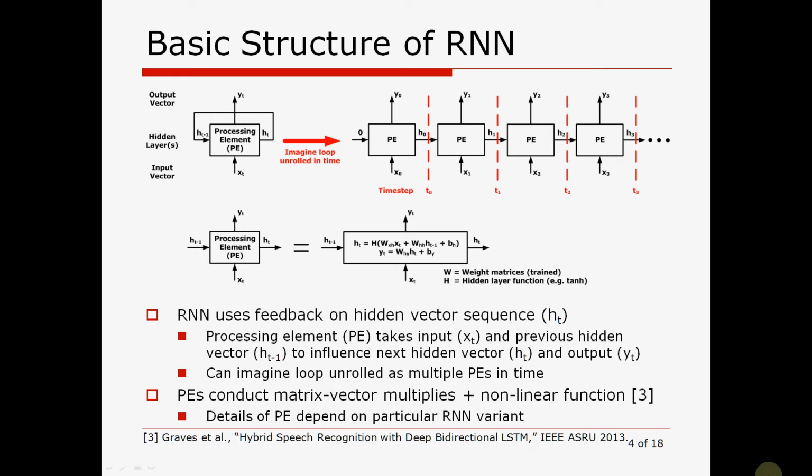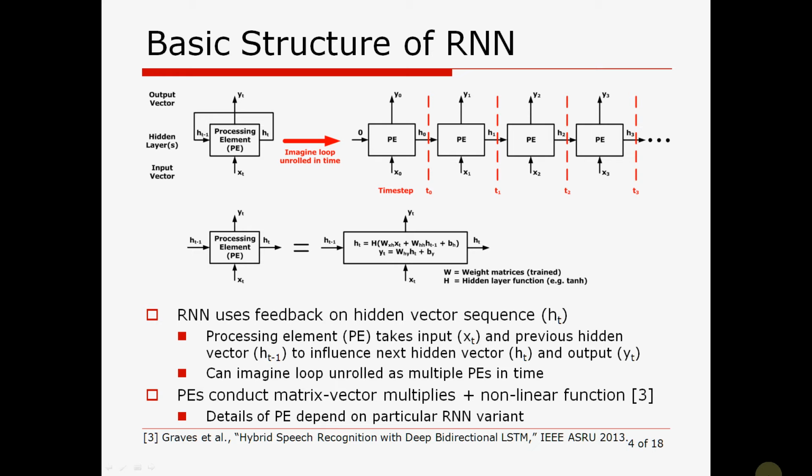So based on this feedback loop around the processing element, we can imagine this loop unrolled over time. So for example, at the first time step, x of 0 is the input, and y of 0 is the output of the processing element. And the processing element also generates h of 0.